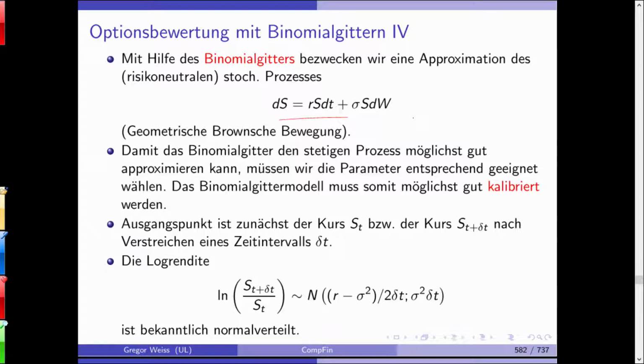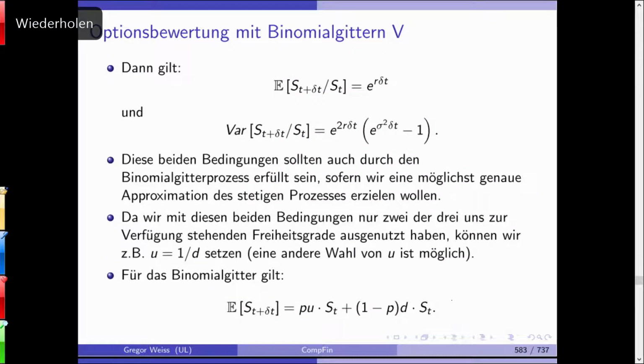For example, we want to look at this stock price S_T, or the next stock price S_{T+ΔT}. Now, in continuous time, with a geometric Brownian motion, we know that the log returns are normally distributed. So the logarithmic change in the stock price is normally distributed with these two parameters.